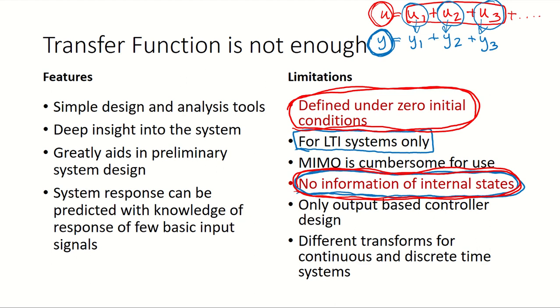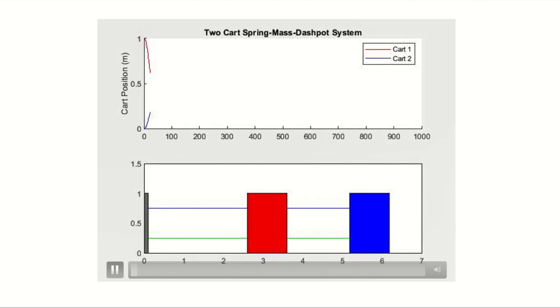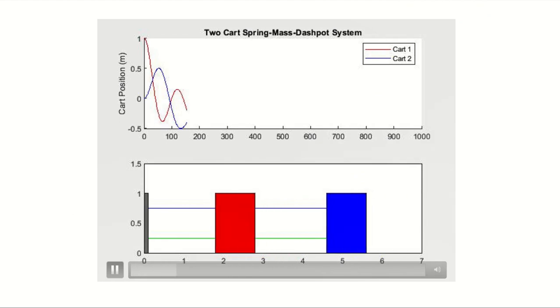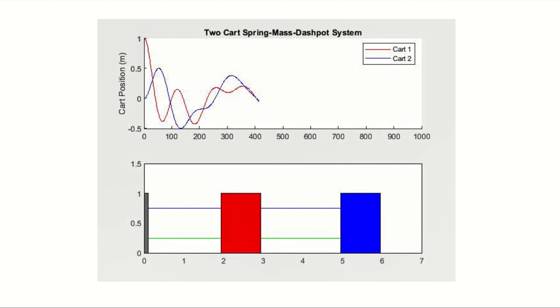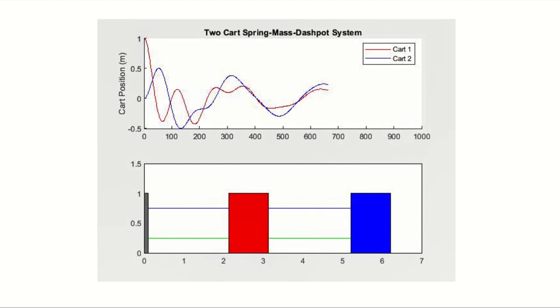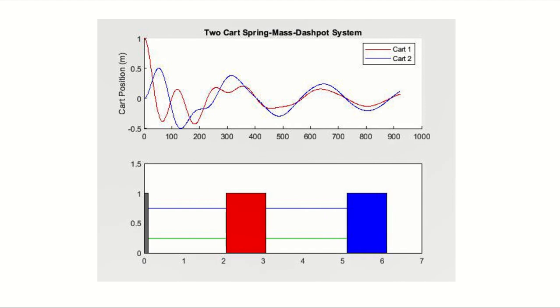The next limitation: there is no information of internal states. Why does this become important? Let us see this video. This is a mass spring damper system with two masses. Let's suppose that the position of the blue mass, referred to here as cart 2, is the output that I am concerned with.